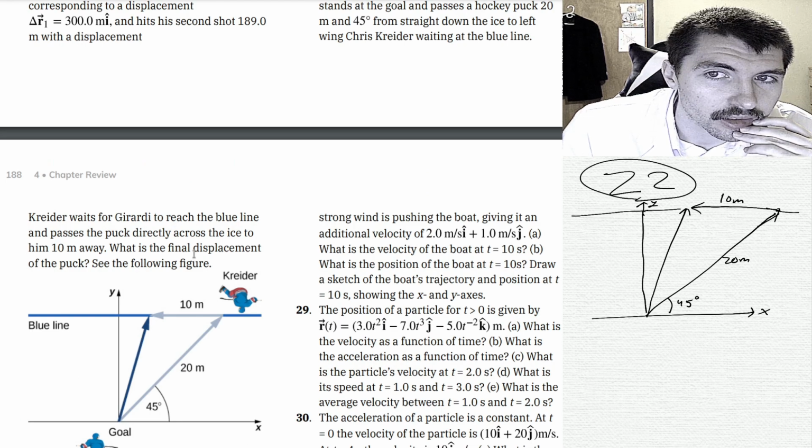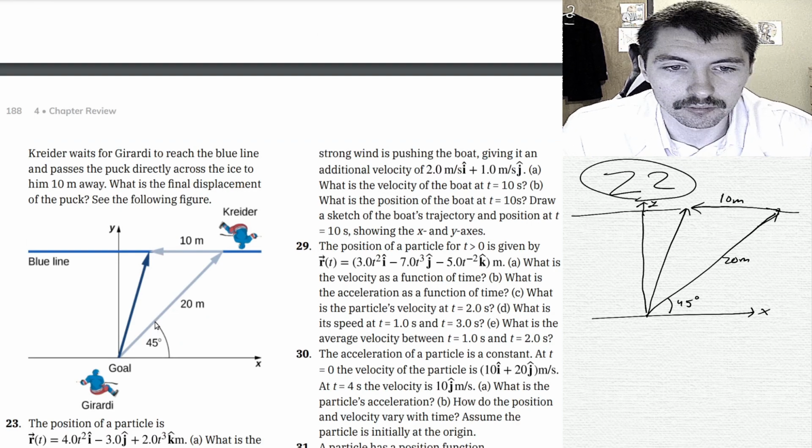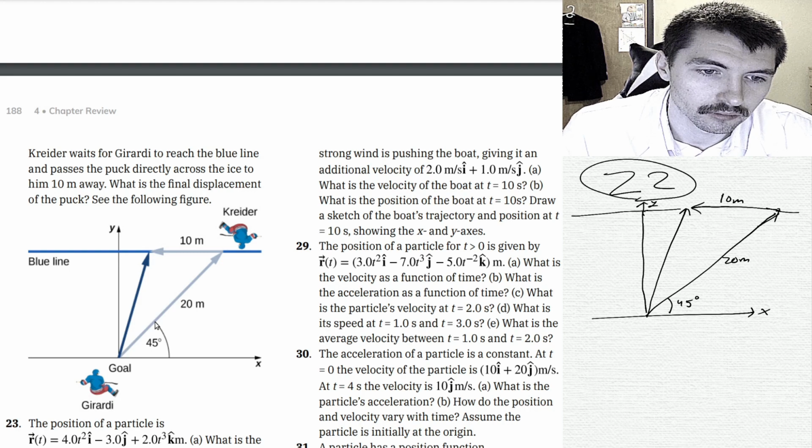He's waiting at the blue line. Passes it to him. So this is his current position, and he's trying to move it here. He's trying to predict where he's going. Okay, what's the displacement of the puck?